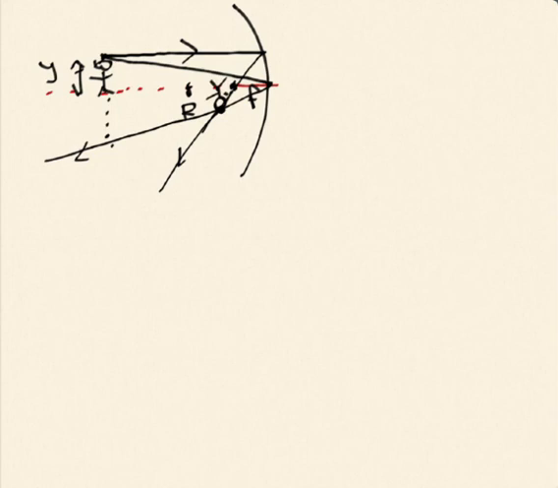Let me do a couple of things here. If I take this principal ray that goes through the vertex of the mirror, I have two similar triangles here. Let me try to draw that. I have a triangle here, with sides S and Y, and then there's another triangle. Let's pick a different color. That's here. This side is S prime, and this side is the height of the image, which is Y prime.